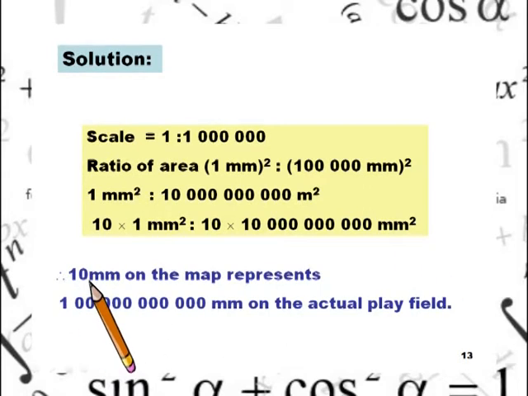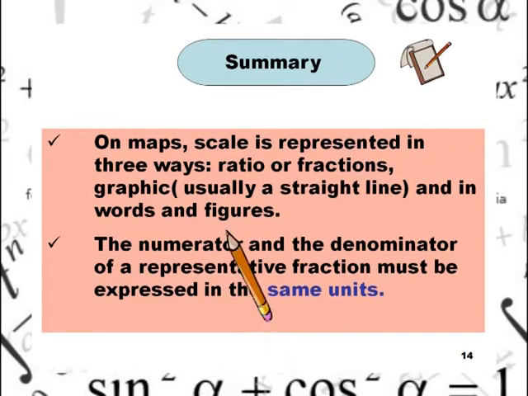Therefore, 10 mm on the map represents 100 billion mm on the actual play field.